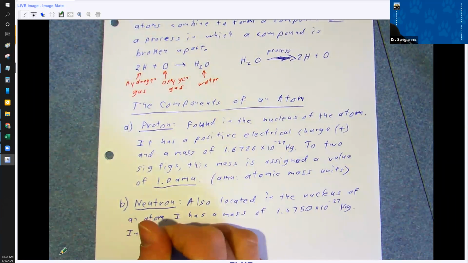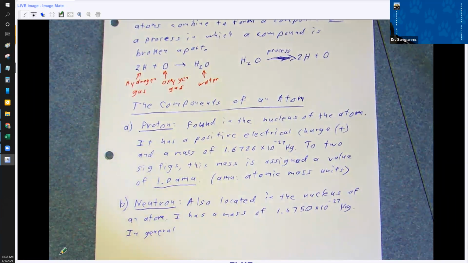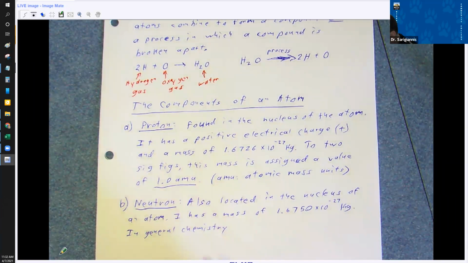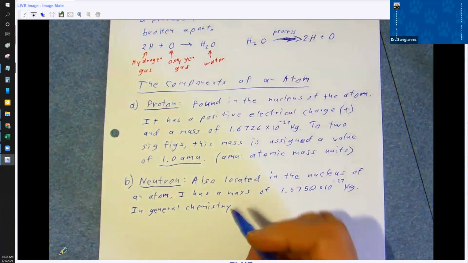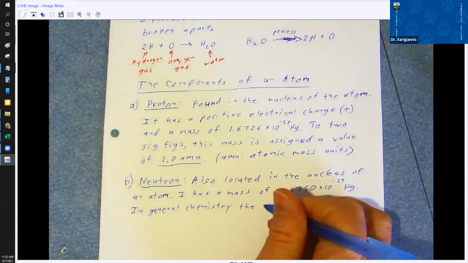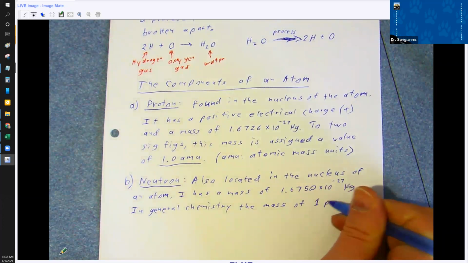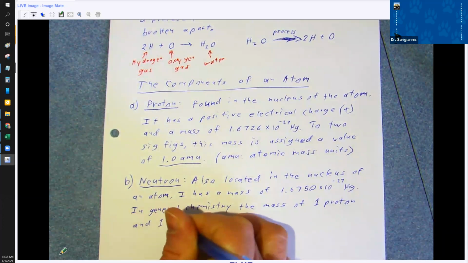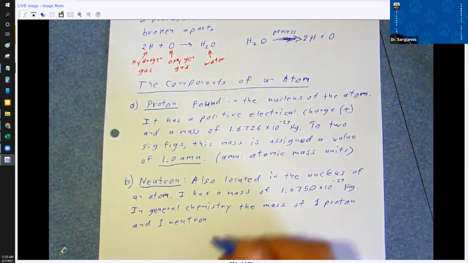So in general chemistry, as opposed to things like physics, if you're doing atomic physics, you're not going to make this assumption. But in general chemistry, the mass of one proton and one neutron are considered to be the same.